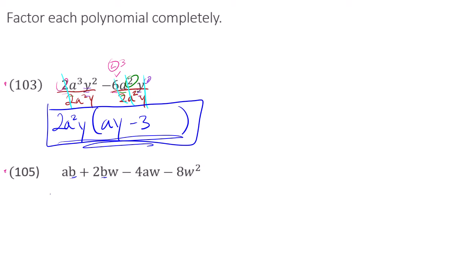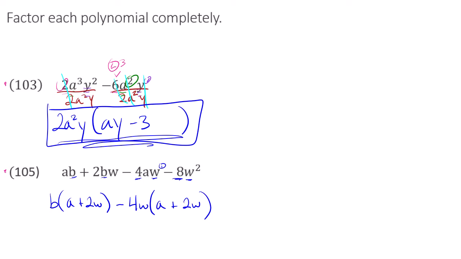If I factor out a b, I'll get a plus 2w. Here I can factor out a negative 4 and w, right? They both have a w, so I pick the one with the smallest exponent. So I can factor out a negative 4w, and that will give me positive a plus 2w. So that makes sense, right?